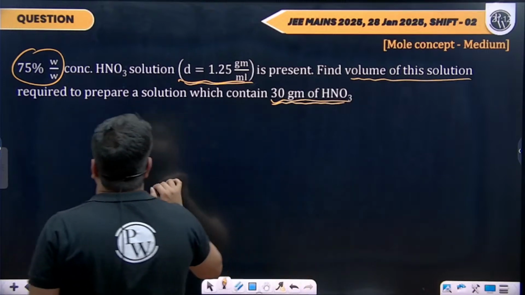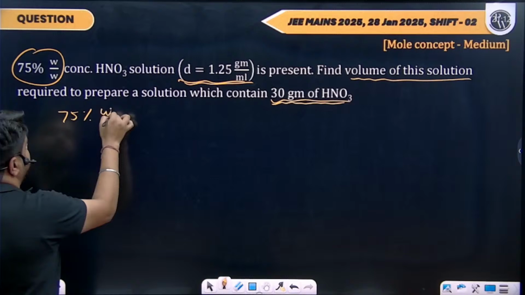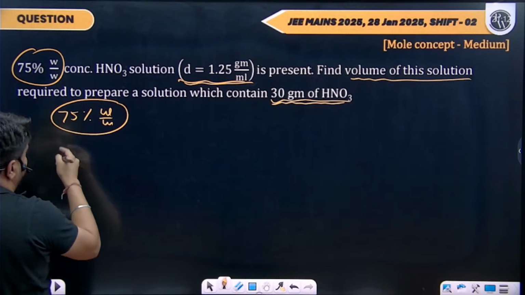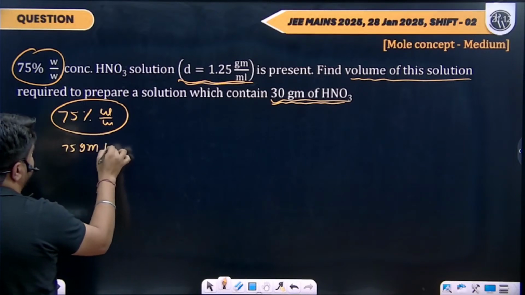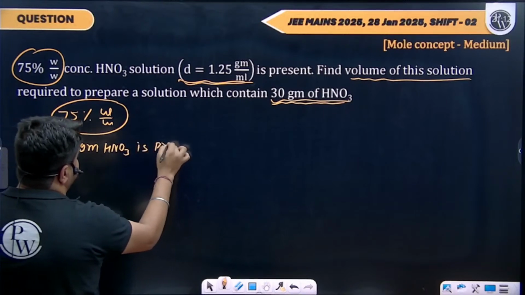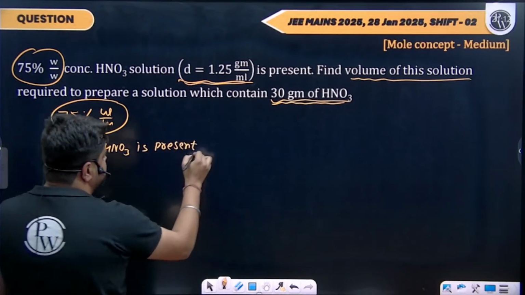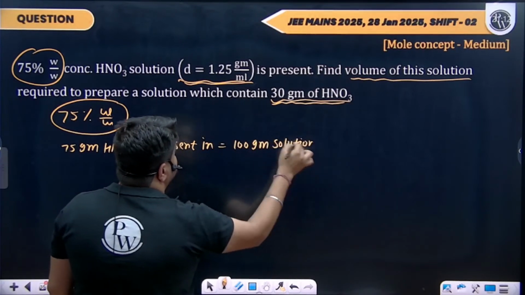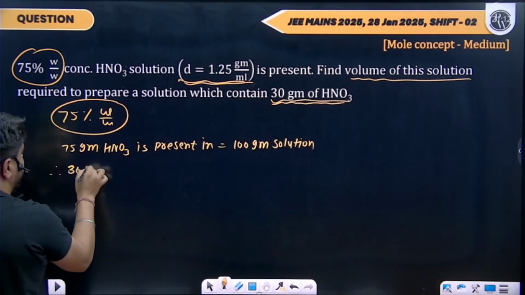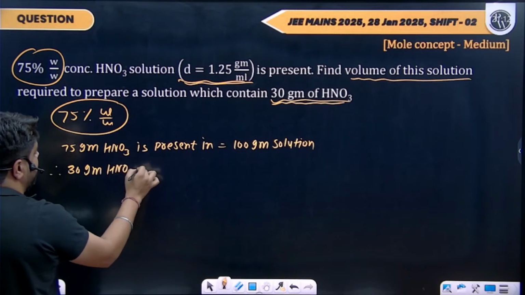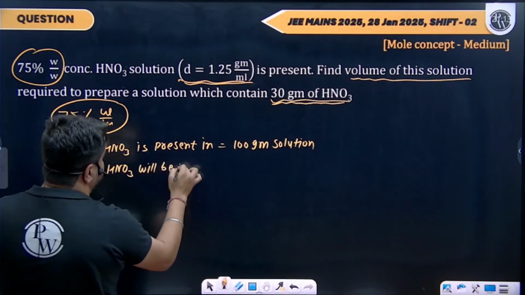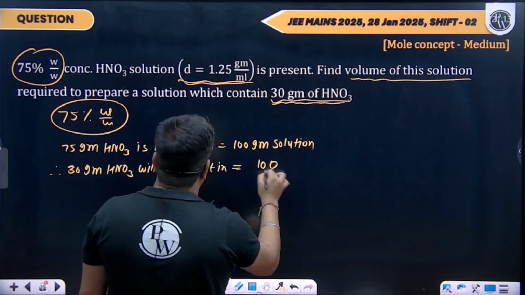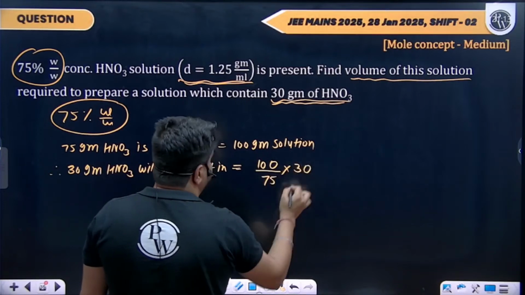So for this, 75% weight by weight means 75 gram HNO3 is present in 100 gram solution. So 30 gram HNO3 will be present in 100 divided by 75 into 30.